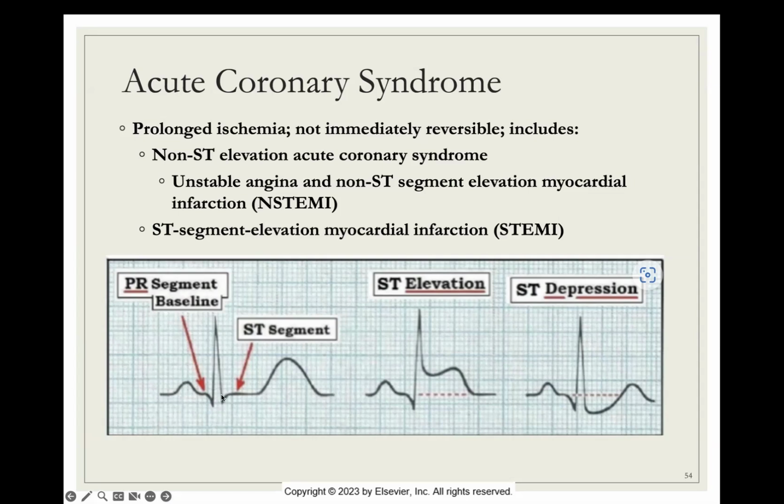And then I talked about this segment between the S wave here and the T wave here, where the heart is repolarizing and relaxing and refilling in diastole, that this segment right here tells us about the coronary arteries being reperfused while the heart is refilling with oxygenated blood.